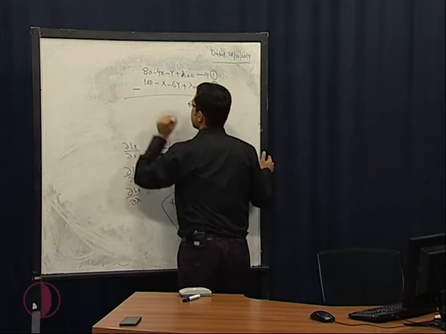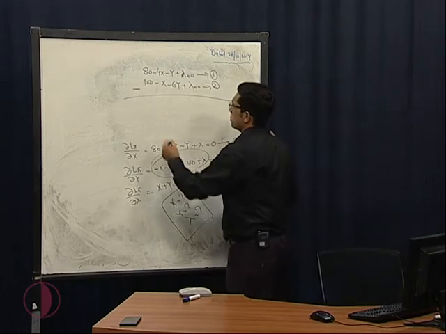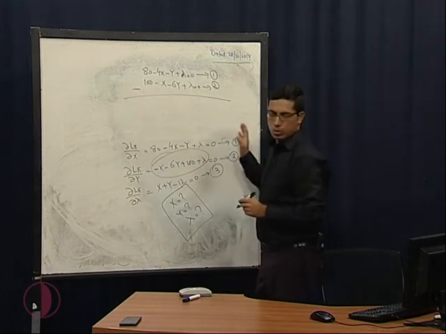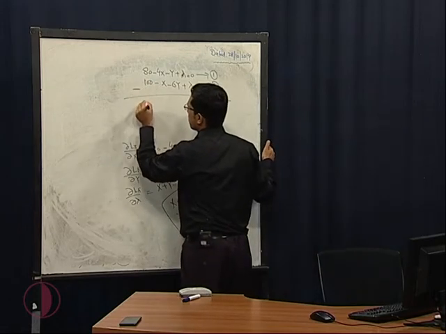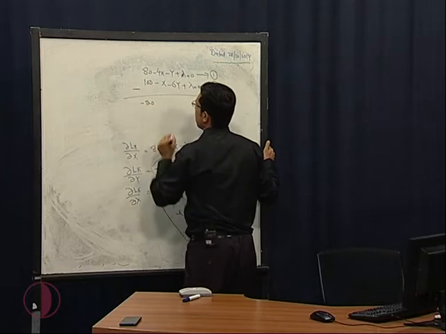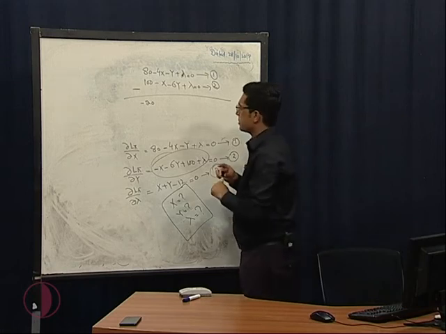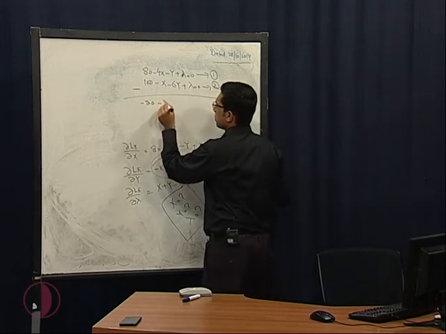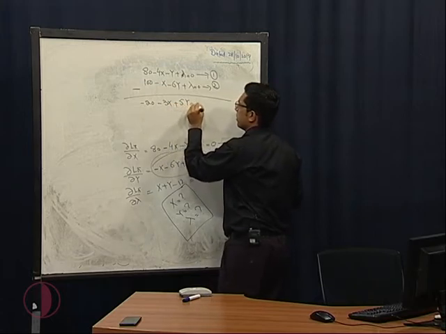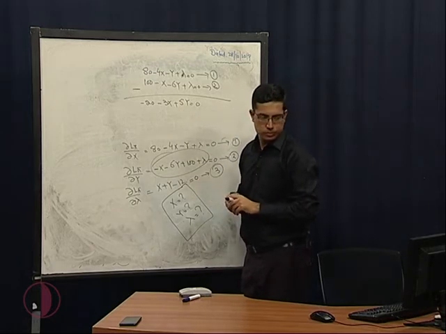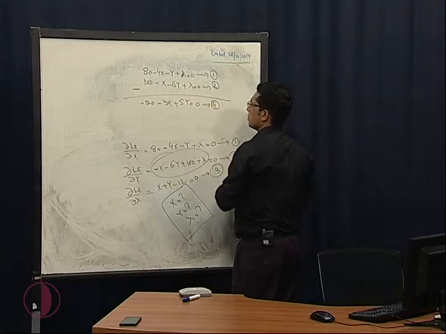We are going to subtract equation 2 from equation 1. So, we can write minus 20 minus 3x plus 5y equal to 0. This is equation 4.